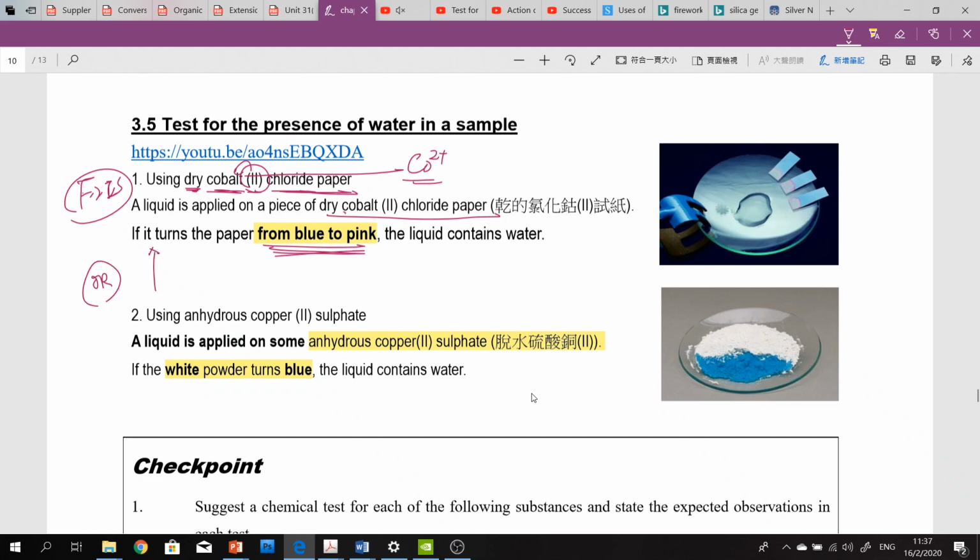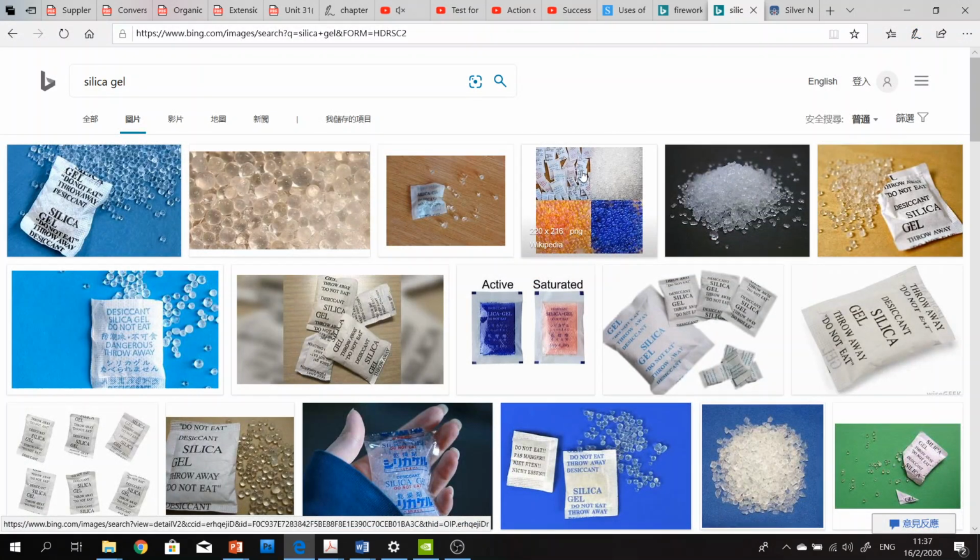Maybe some of you may get confused about the color. What is meant by blue, pink? If you want to recall the color changes related to water, I may give you this example. Silica gel. Silica gel is used as a desiccant. You may know what that is?